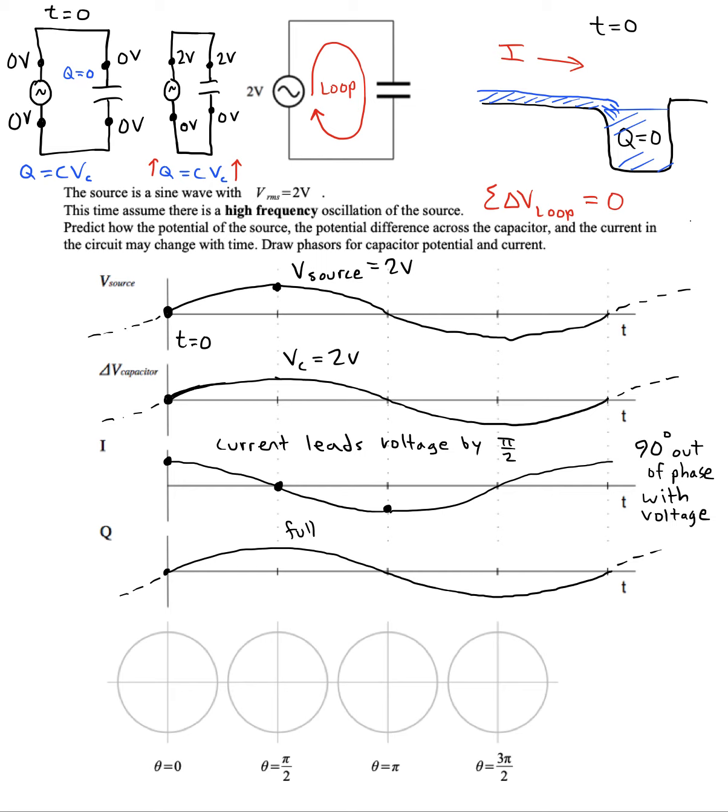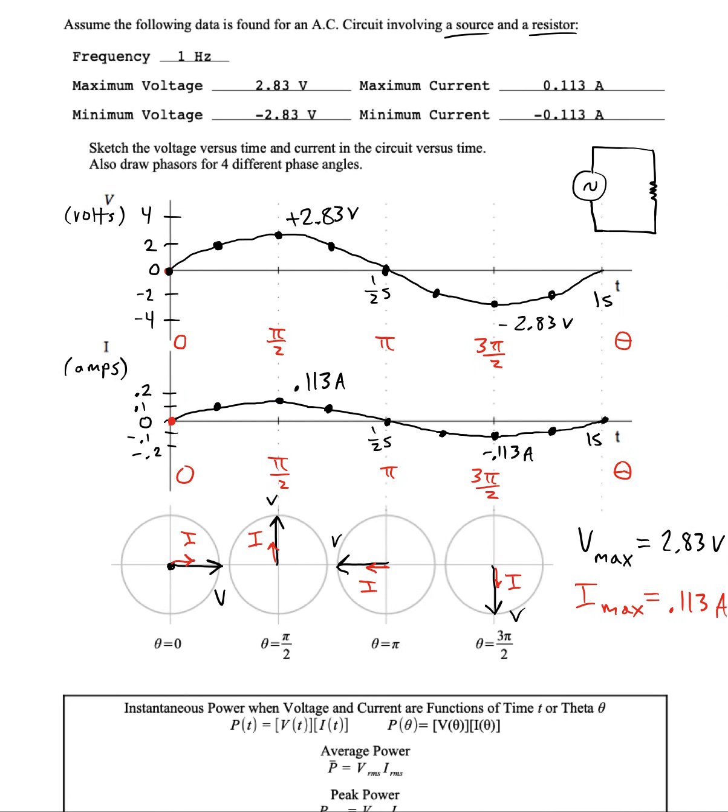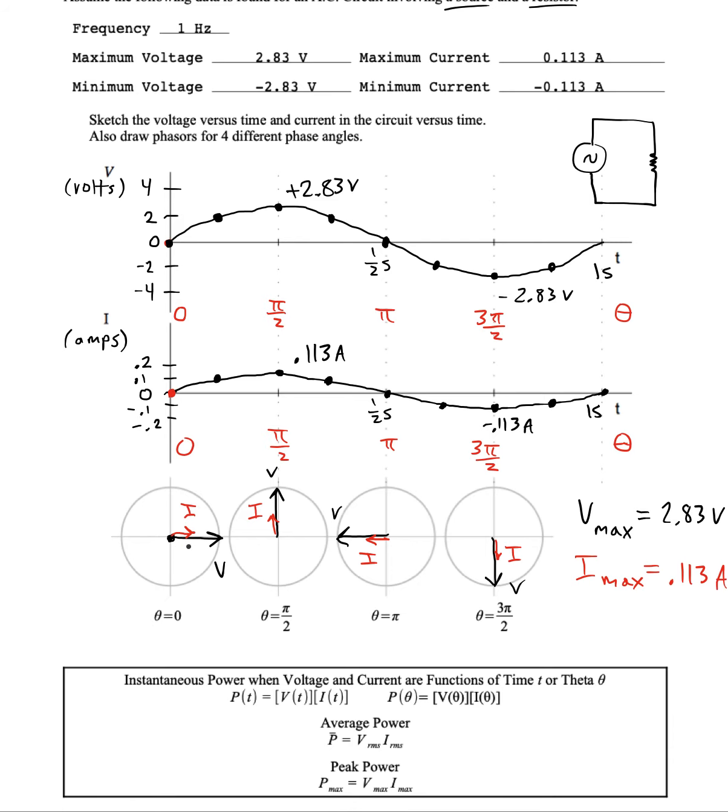This is very different from when we have just a resistor in series with an AC source. When we had a resistor in series with an AC source, we saw that the current and the voltage were in phase. There was 0 degrees of difference between them. And when we saw the phasors, we saw that they traveled together at all times. They always pointed in the same direction at the same phase angle.